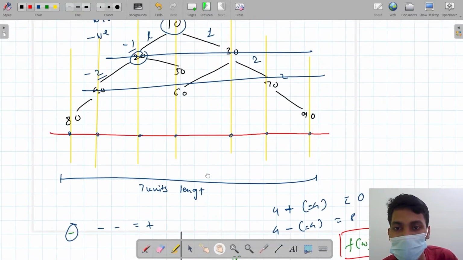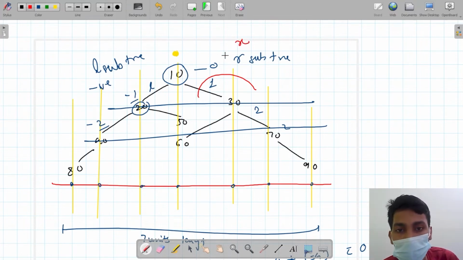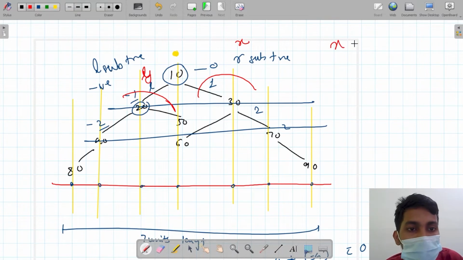This plus 1 is telling us that I now have some positive value from the right subtree, let's say x value. I am having some value from the left subtree, let's say it as y. So x minus y is the formula we are seeing here.